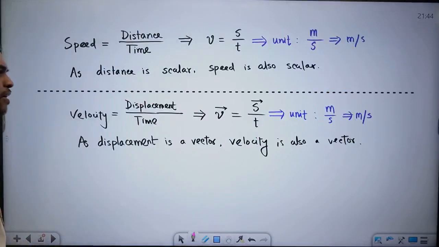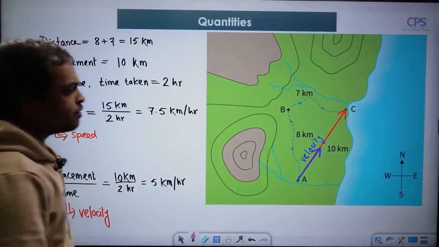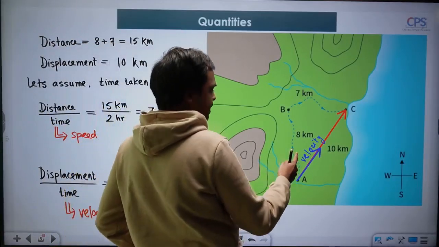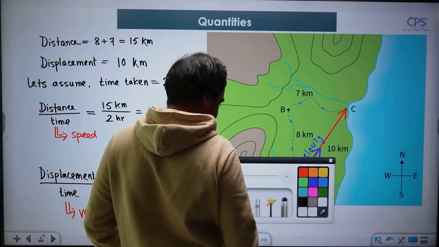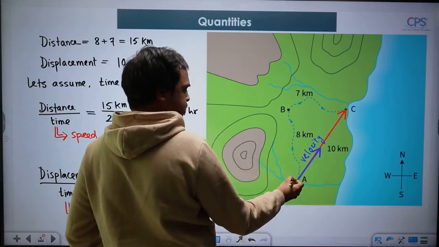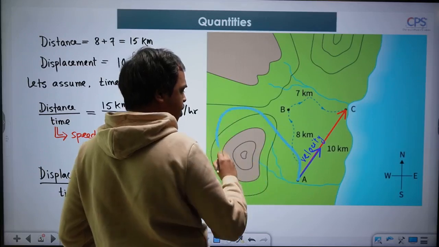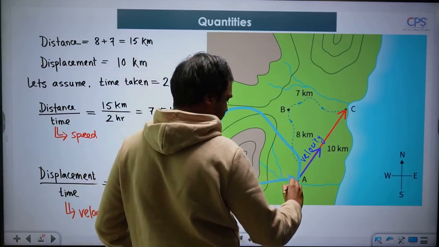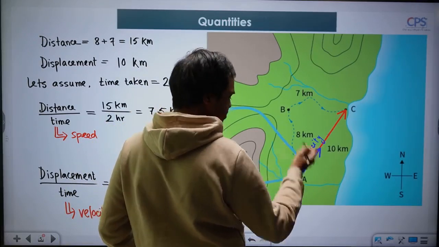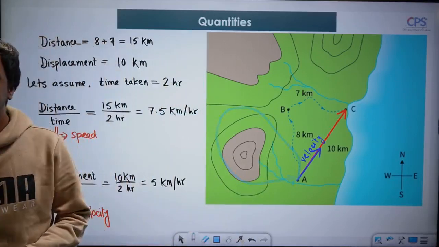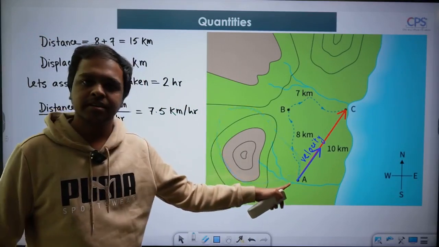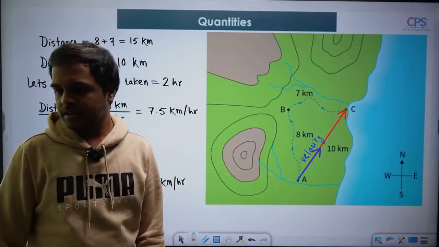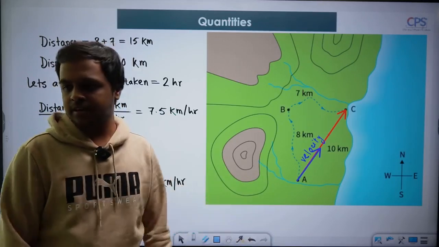In the previous examples, if we started here and reached the end at A position itself, the distance will be something, but the displacement will be 0. We are ending at the same position.